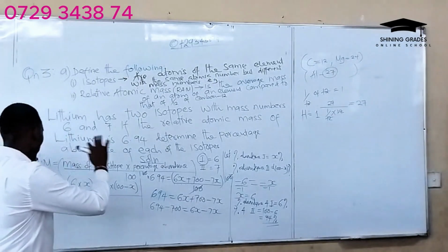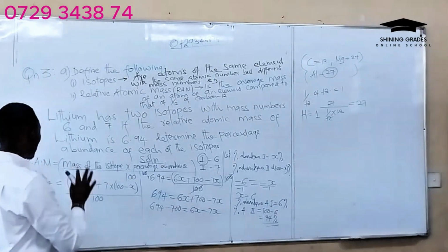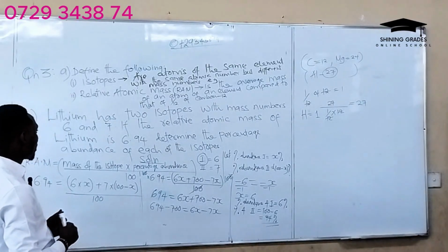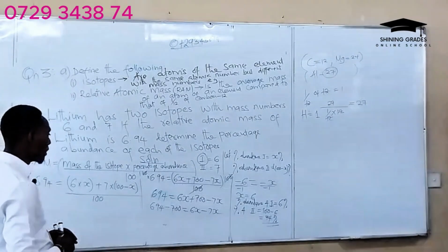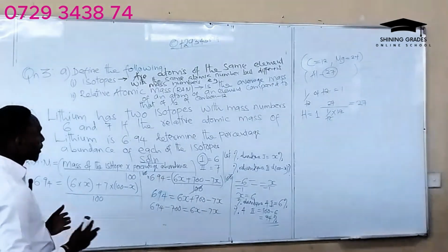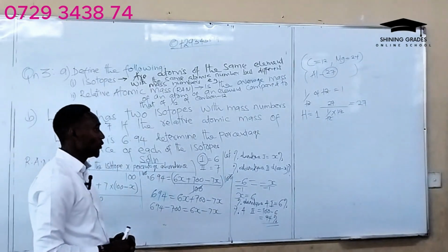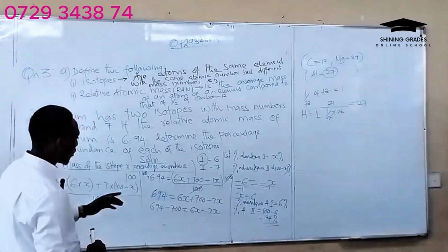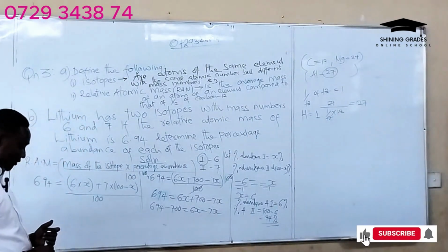So the only thing that we need in this question is to apply the formula that we use to determine relative atomic mass of isotopes. Through that, we should be able to get the percentage abundances of the two isotopes.